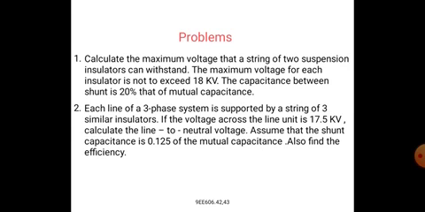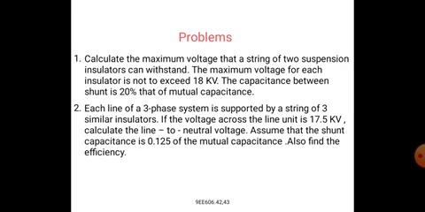So E2 is equal to 18 kV, and E2 is equal to E1 into (1 plus k). So 18 is equal to E1 into (1 plus 0.2), that is 1.2. So E1 is equal to 18 by 1.2.